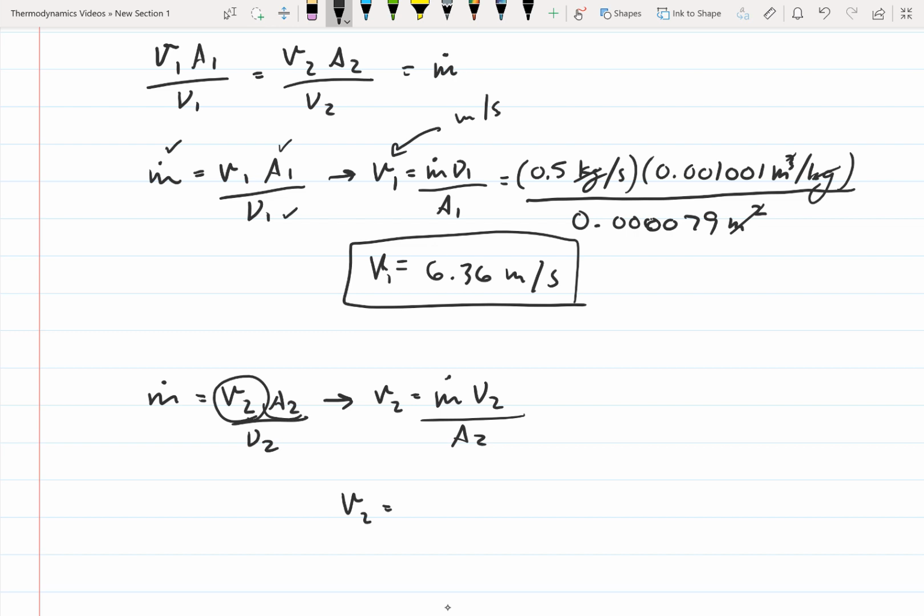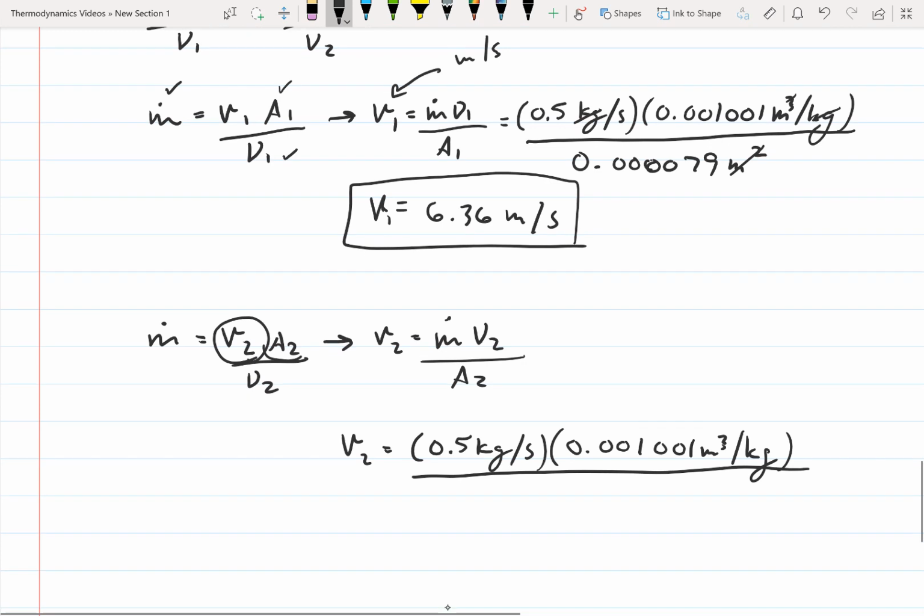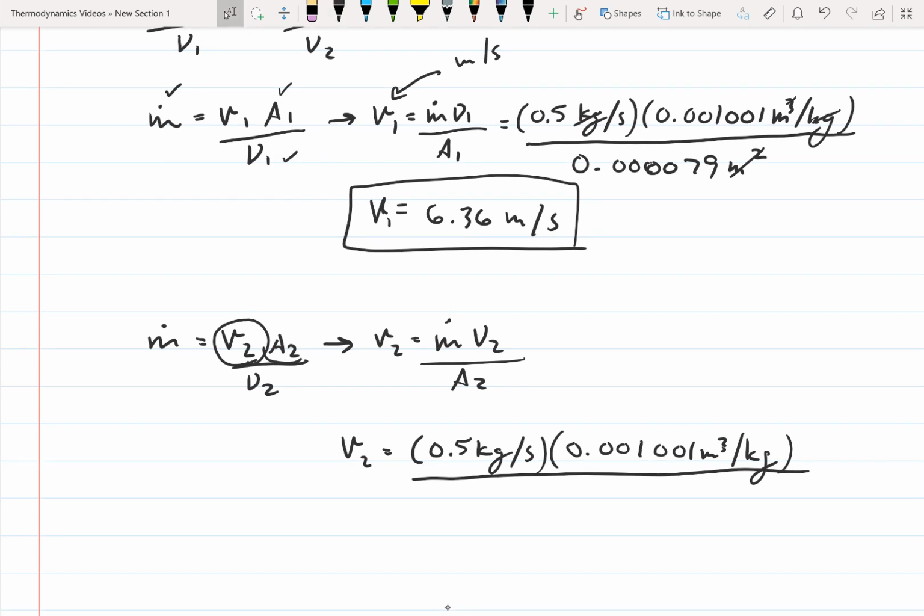The mass flow rate is still the same, 0.5 kilograms per second. The specific volume is still the same, 0.001001 meters cubed per kilogram, divided by a different area, 0.000177 meters squared.